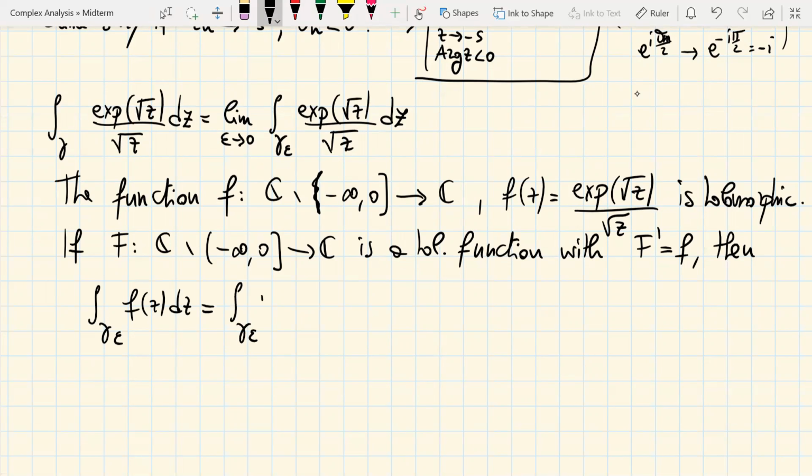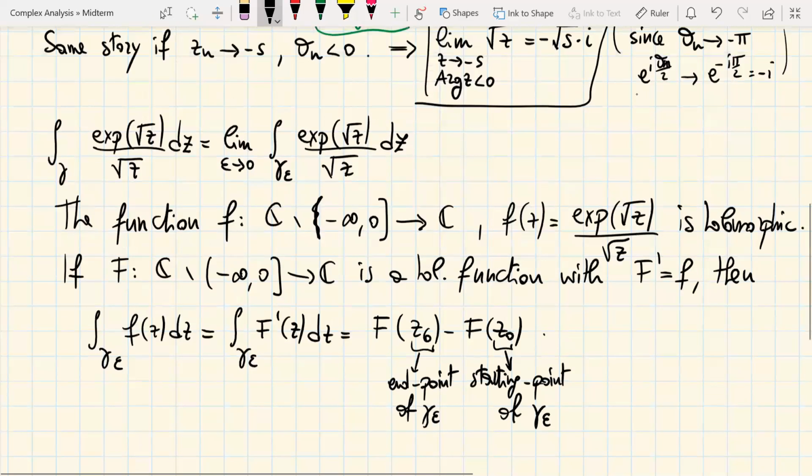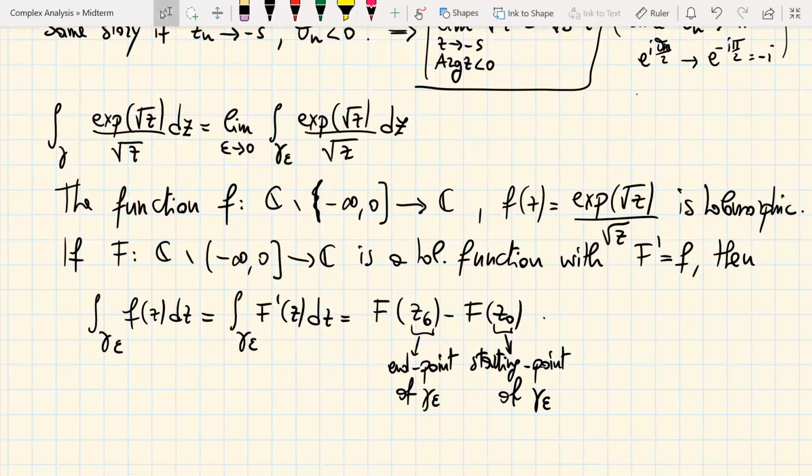This is the integral of the derivative of big F. And we know that this is then equal to F of z6 minus F of z0, no? Because this is the endpoint of gamma epsilon, and this here is the starting point of gamma epsilon.